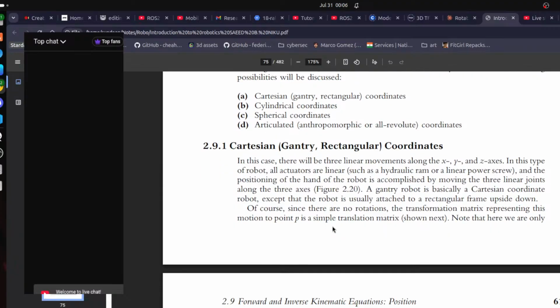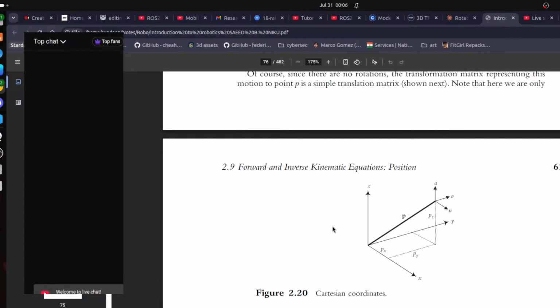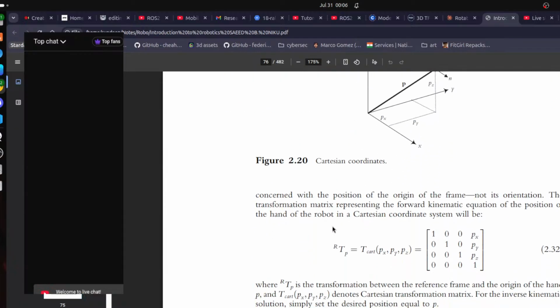Cartesian coordinates will be three linear movements, and this type of robot actuators and positioning. Only the position matrix is required.